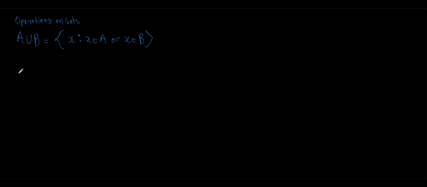Now, the next operation is A intersect B. This is the set of elements such that x is an element of A and x is an element of B. Now we have a complement.